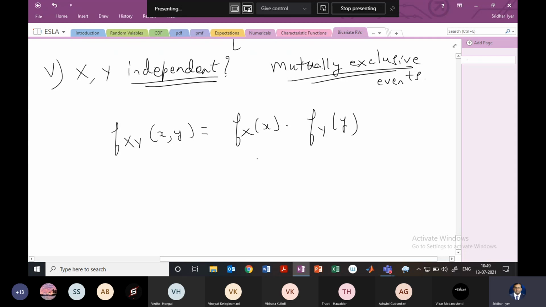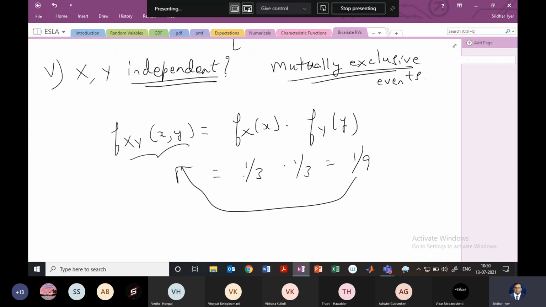We have already found the value of fx of x, which is 1 by 3, and fy of y, which is 1 by 3. The product gives us 1 by 9, and this 1 by 9 is nothing but the value of c, which is fxy of x comma y. Therefore, since the individual product is equal to the combined PDF, we can say that x and y are independent in nature.